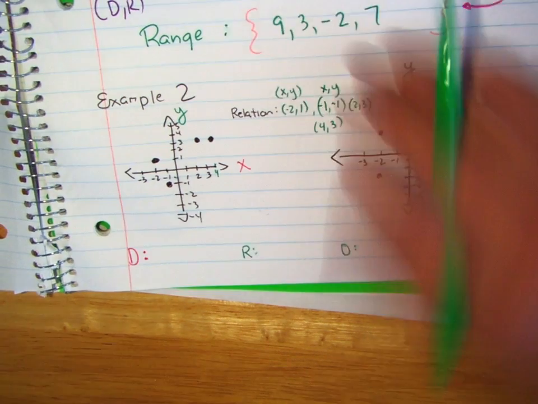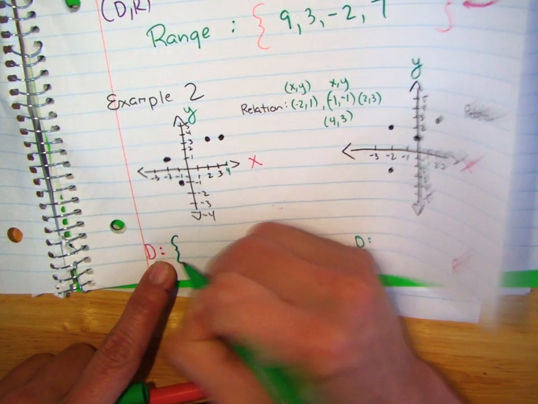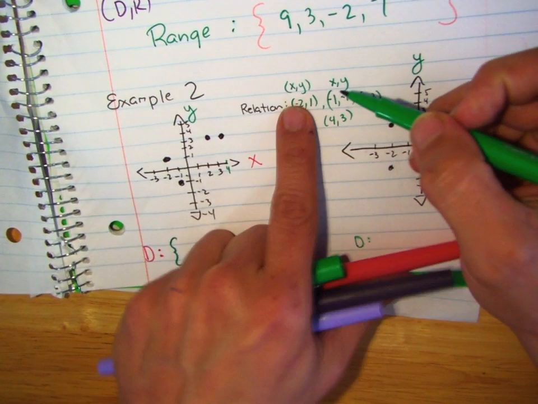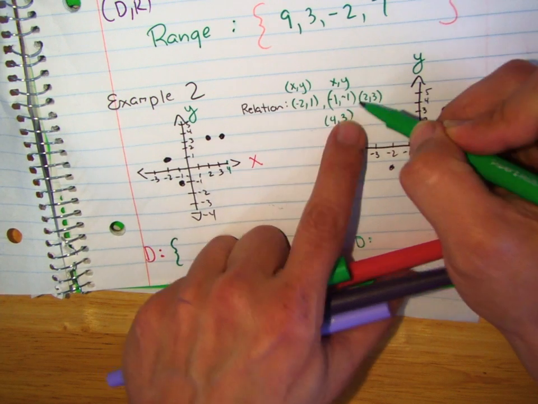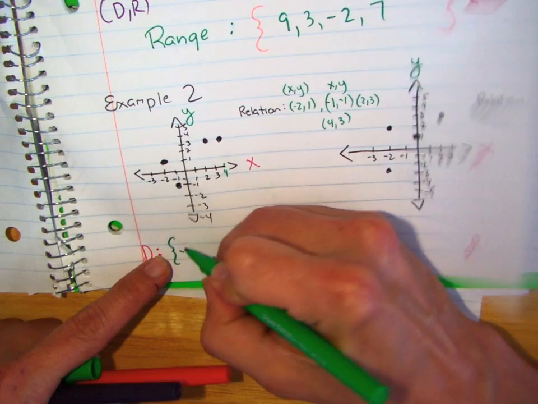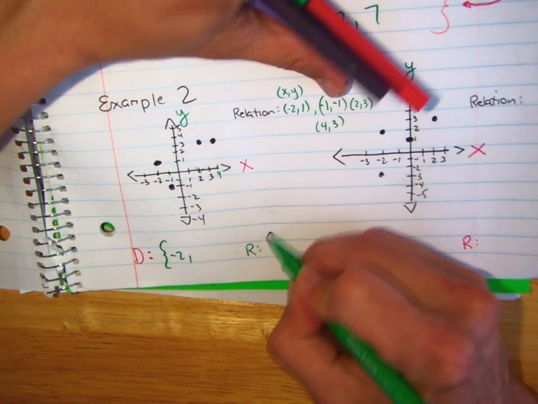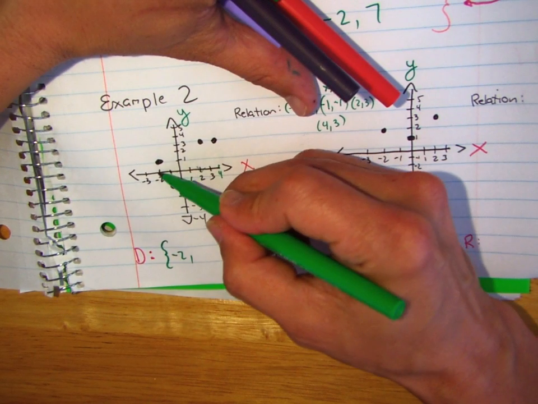That's cool. All right, so here's your domain. Don't forget your what? Your set notation. So I could use this and just get all the x, or I could go, okay, here's -2. That's my first one. The next one is -1. And I could do this. So look, I could go -1 comma 1.